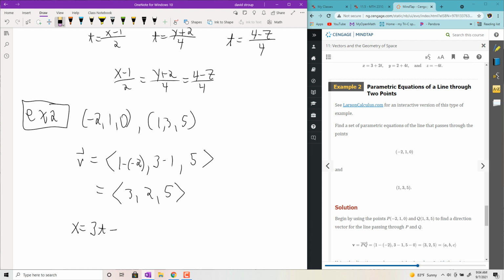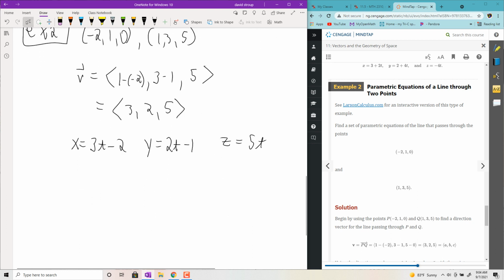I'll just go with -2, 1, 0. So then x equals 3t minus 2, and you can be a little careful with your signs. And then y equals 2t minus 1, and then z equals 5t plus 0.